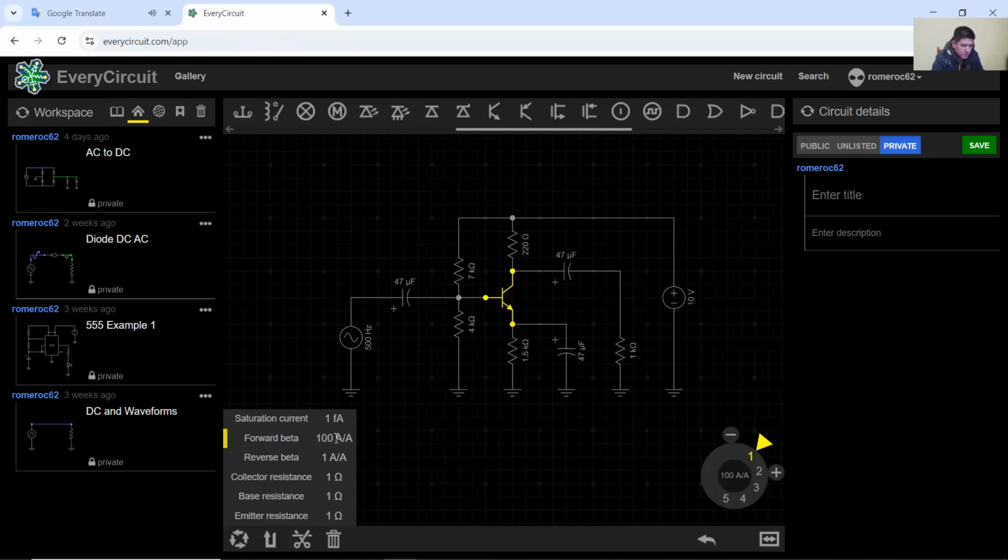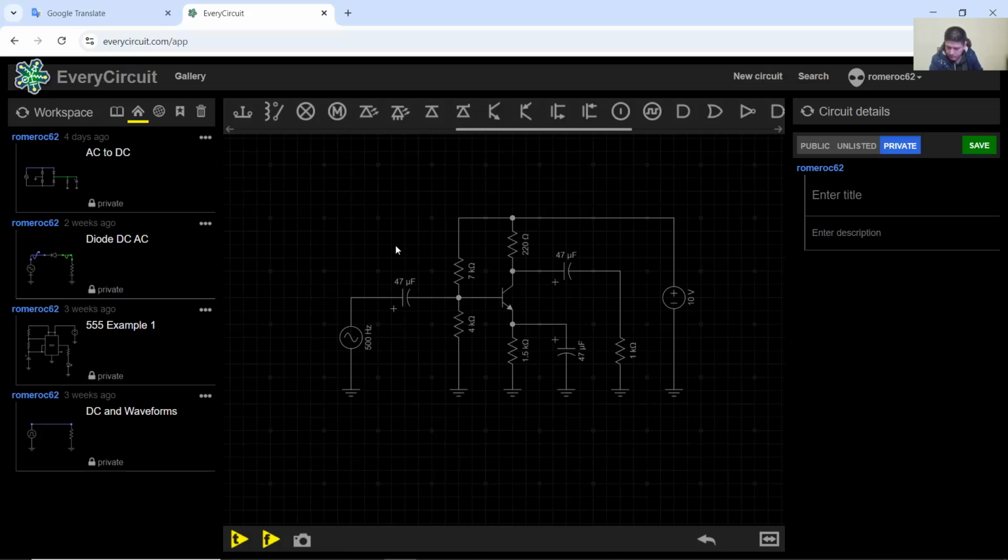Beta is 100. Reverse beta 1. Collector resistance 1 ohm. Base resistance 1 ohm. Emitter resistance 1 ohm. Okay, very good.